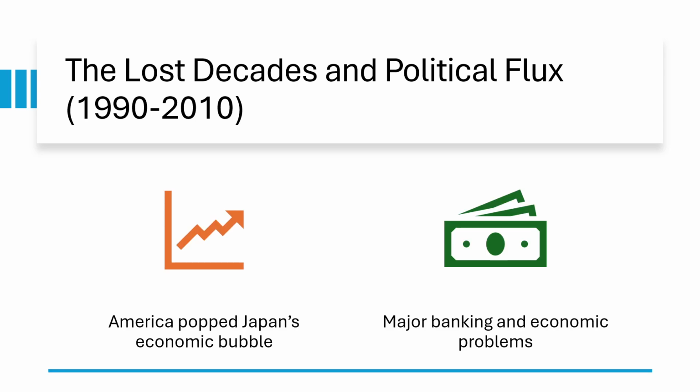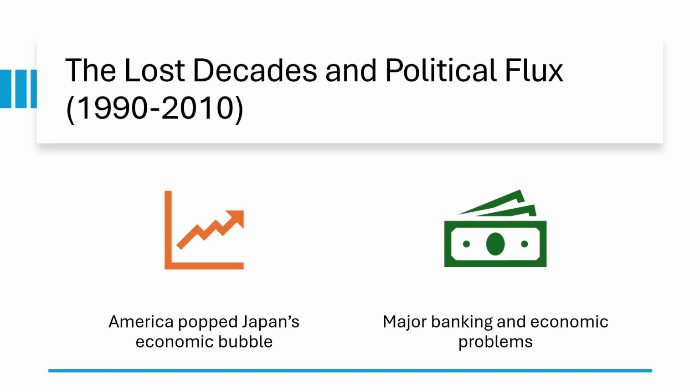The Lost Decades and Political Flux, from 1990 to 2010. The bubble burst in 1991, leading to a prolonged economic stagnation known as the Lost Decades. Banking crises, deflation, and sluggish growth persisted through the 1990s and 2000s.